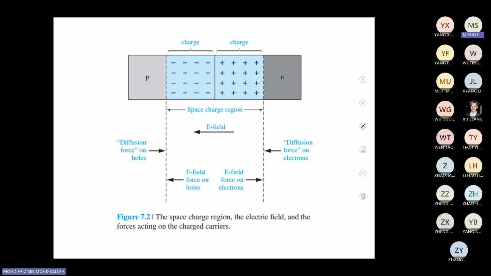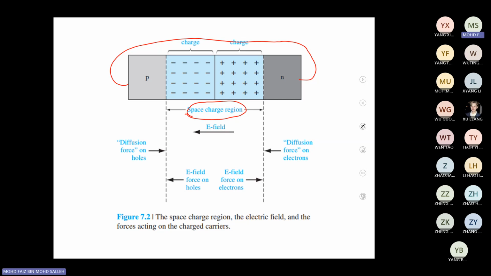One more thing, because we will discuss the PN junction. When we have this P-type and N-type semiconductor and we connect them electrically, what will happen is we will have this space charge region due to the diffusion process. Inside the N-type, we have many electrons.